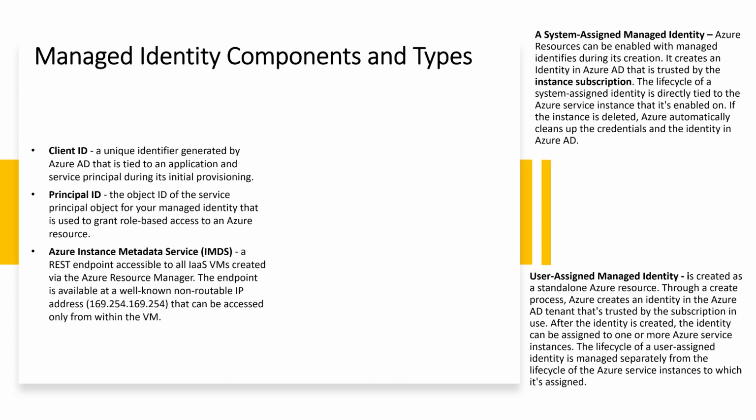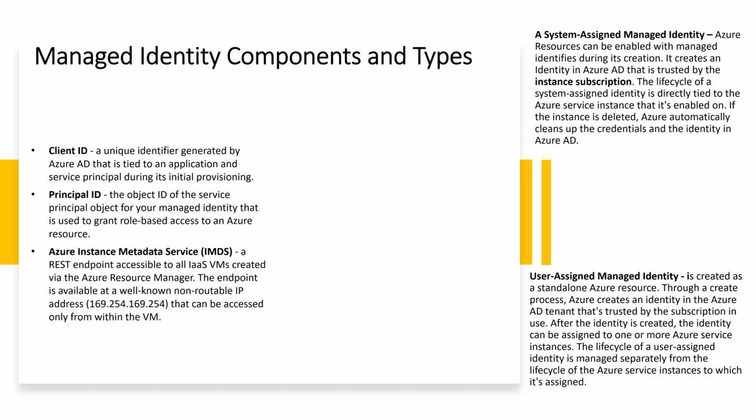The beauty here is that this endpoint is accessible only within Azure. So it is not accessible to the outside world, and that enhances our security posture right here, right? You'll see how effectively we can use it, because until you see the demo, you probably would not understand the advantage and the beauty of IMDS here, right?